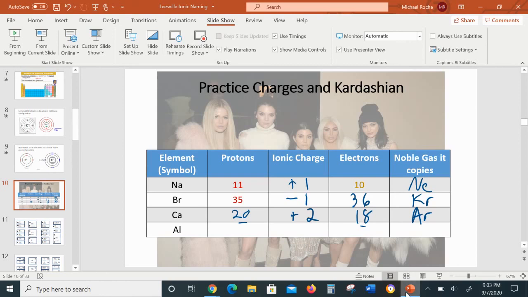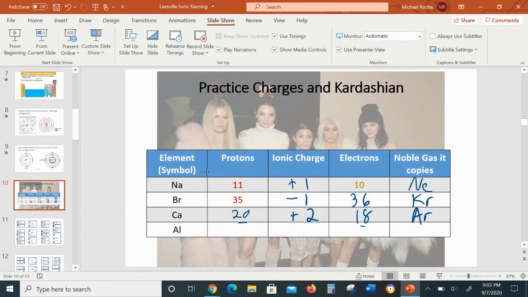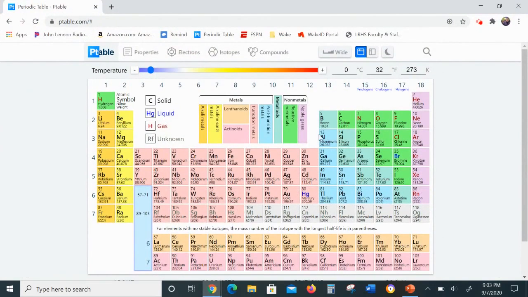What about aluminum? So let's go look at aluminum. Aluminum's right here. Aluminum is number 13. So what does that number 13 tell you? Number 13 should tell you that it is 13 protons. And then what is it going to want to do? Well, aluminum's here, number 13.